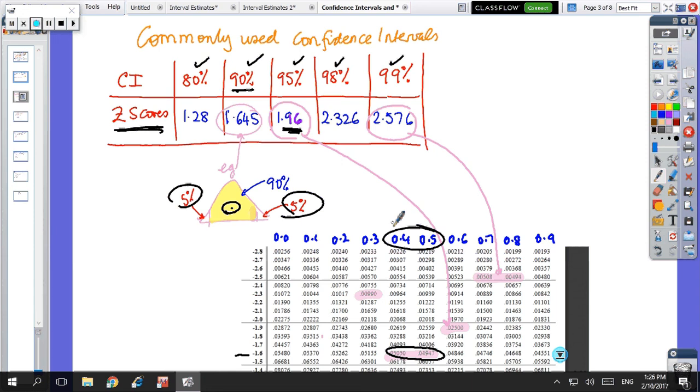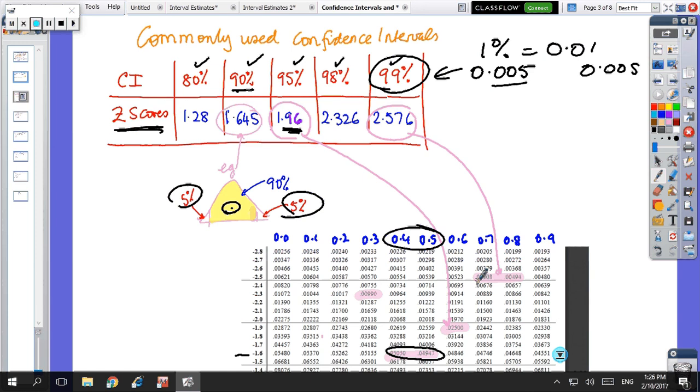Remember the tail here has 0.005, because 1% is 0.01 and it's split two ways, one at the top and one at the bottom. So 0.005 lies in between, which gives you 2.576 exactly, but on your table it'll be 2.575, halfway between those numbers. So copy that because that's important, and come across when you're ready.